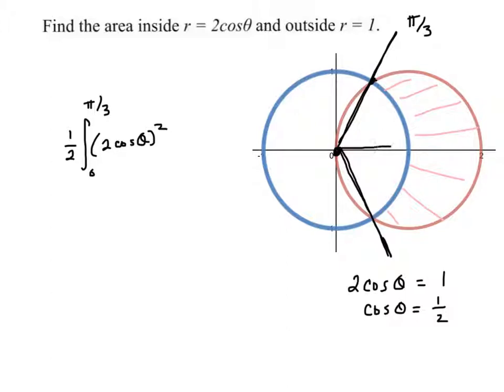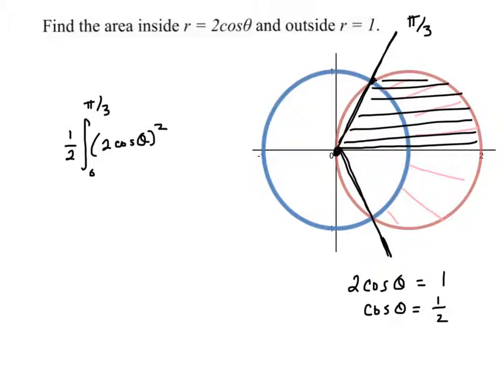Well, I'd start at 0, and I get that whole thing. Well, I have to subtract out this other piece, this part of the circle, right?